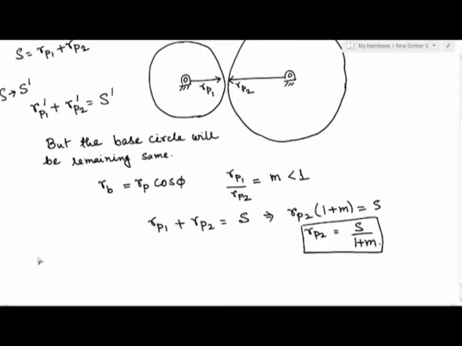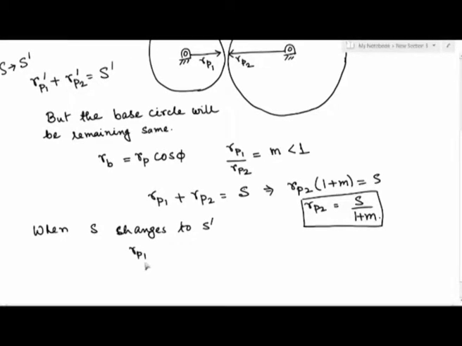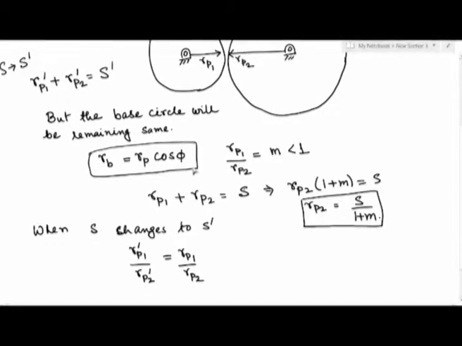Now what happens is this, that when S changes to S prime, even then you will have RP1 prime by RP2 prime same as RP1 by RP2, right? That is because again you will have the formula RB equals RP cos phi to be valid. RB does not change, phi changes.